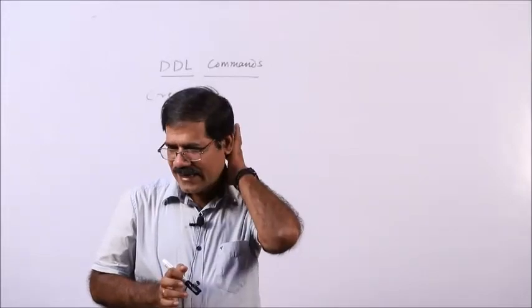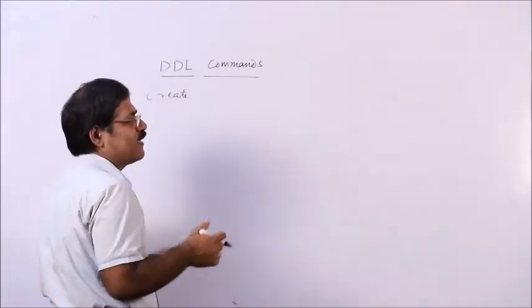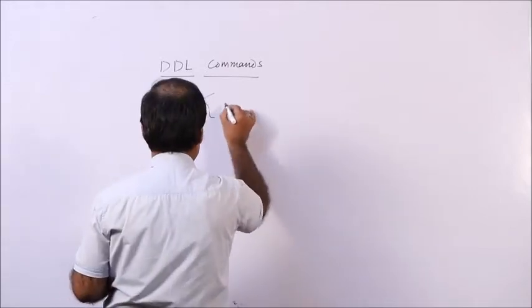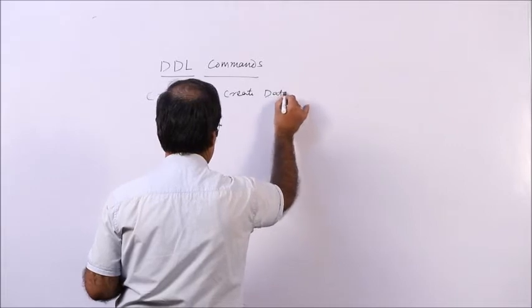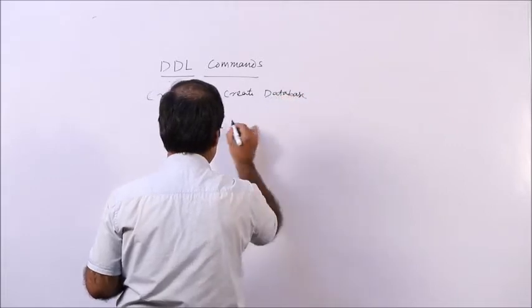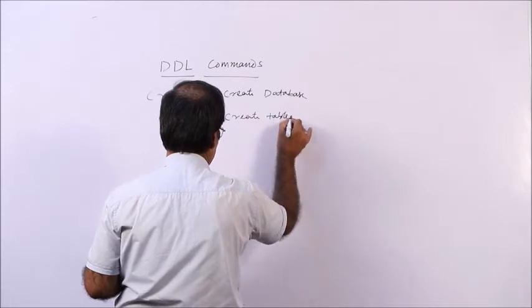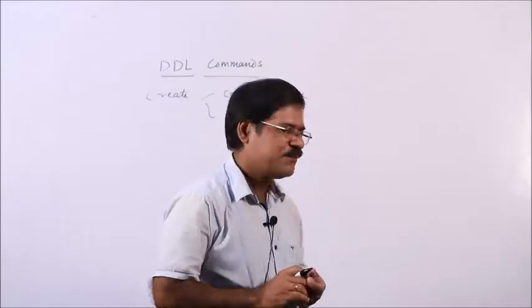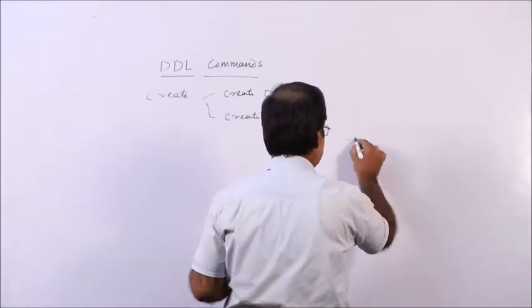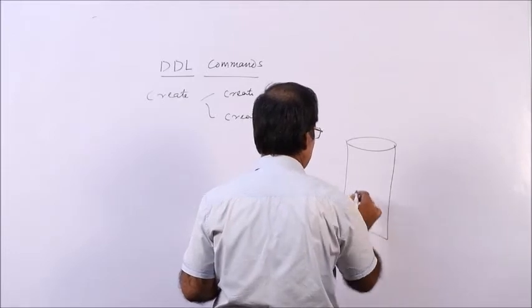First, I will create the database. Create command means to create something. What do you create? Create database. Create tables. So, this command is used to create tables and to create the database. In a database you can create multiple tables.